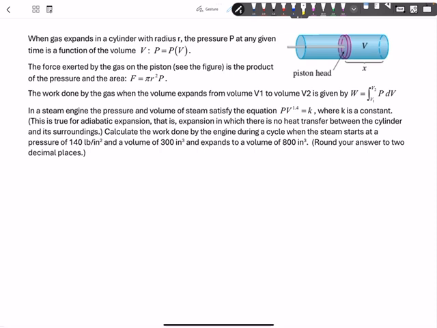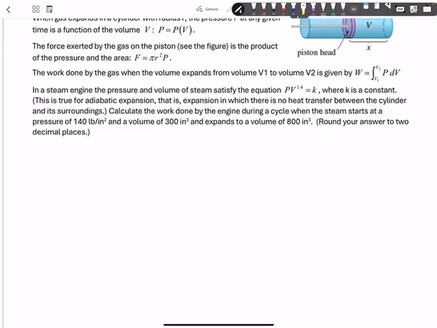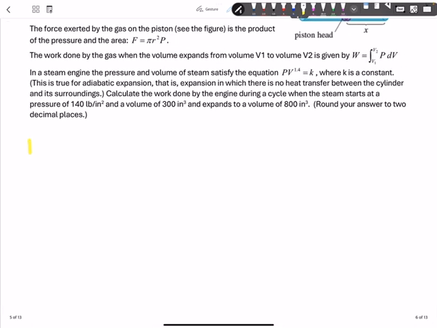So I see a lot of inches being used here. We know that the unit for work that we're going to use is foot-pounds. So I'm going to start this problem by making a few simple conversions to the given values. I'm going to start with P. P is equal to 140 pounds per square inch. In order to convert, I want to get rid of inches and turn that into feet.